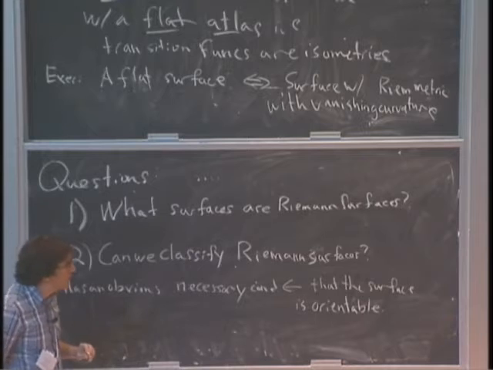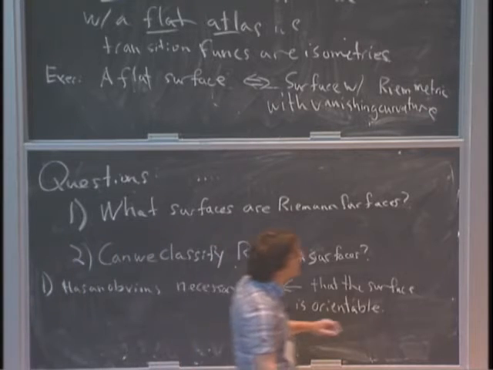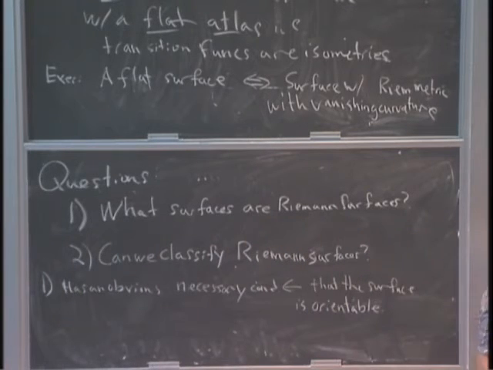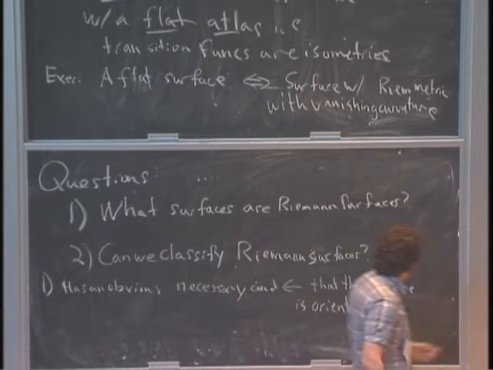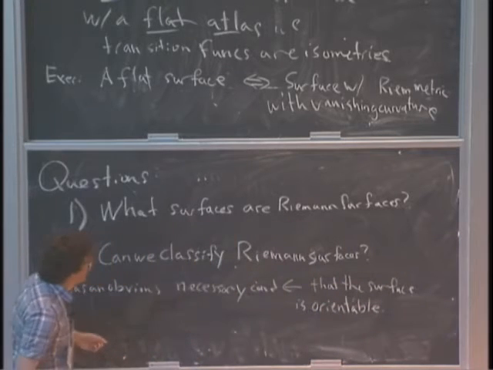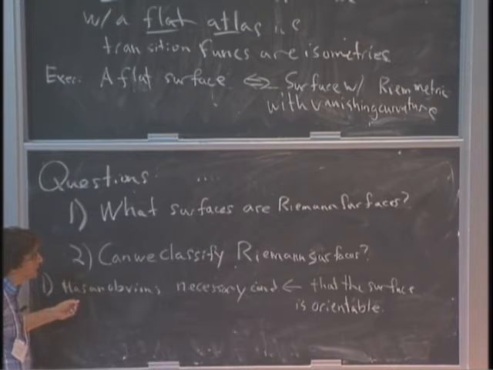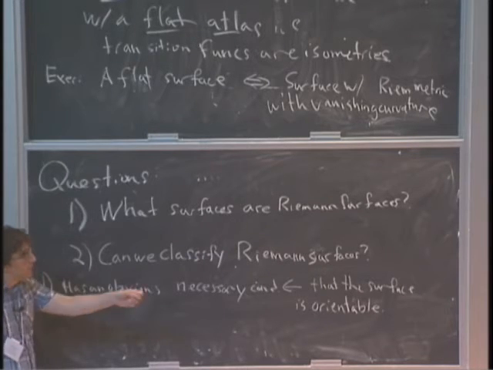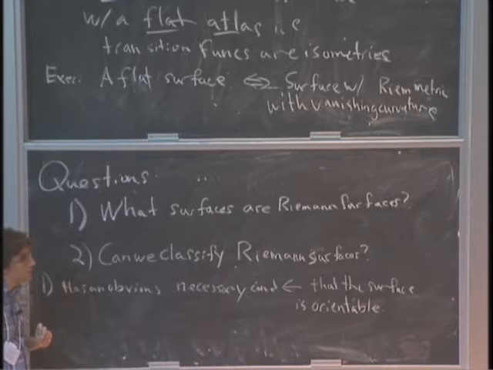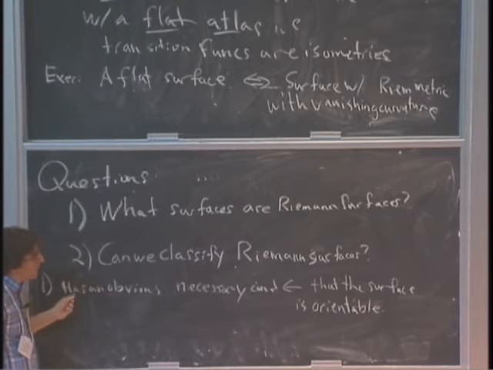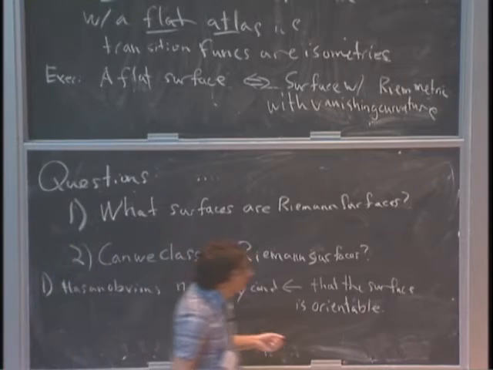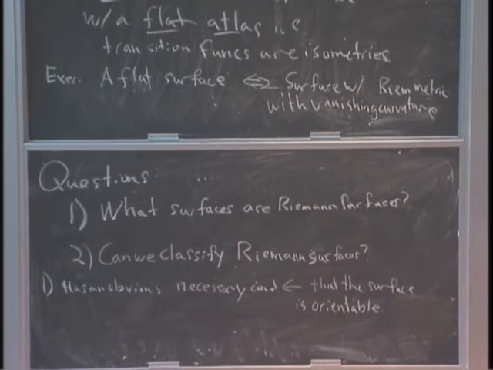Remember the identification between Riemann surfaces and conformal surfaces. It should be enough to prove that if you have an orientable surface, you can make it a conformal surface, and then you can make it a Riemann surface. So why can you make it a conformal surface? This is the hard part, which I haven't alluded to.